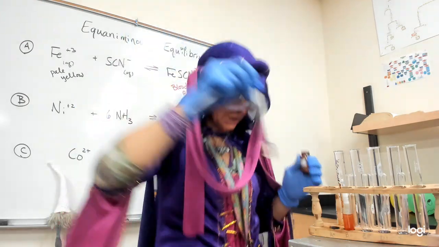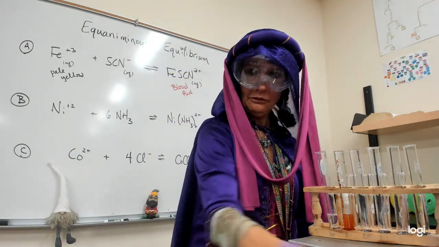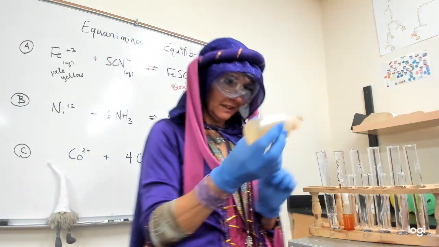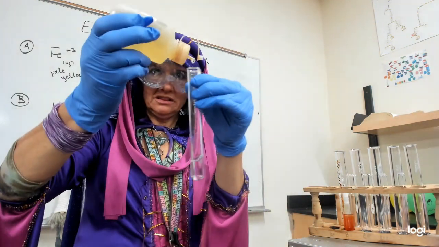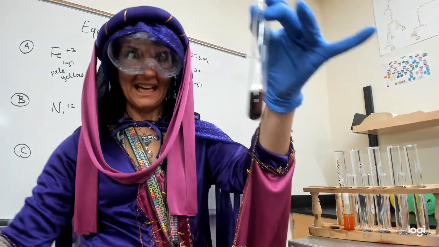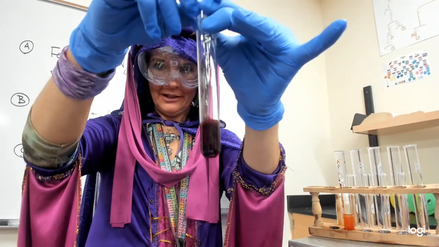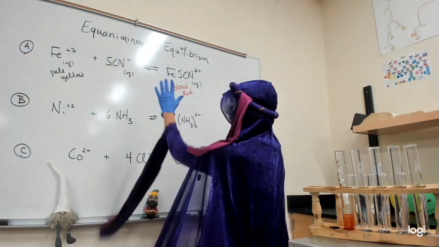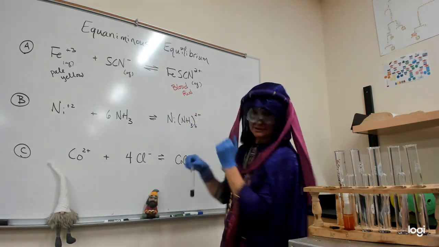It has no color. But if we add iron nitrate, which has a color. You watching? Whoa. This time I added 2 drops. That's pretty blood red. So again, start with the reactant, we add the other reactant, it shifts.